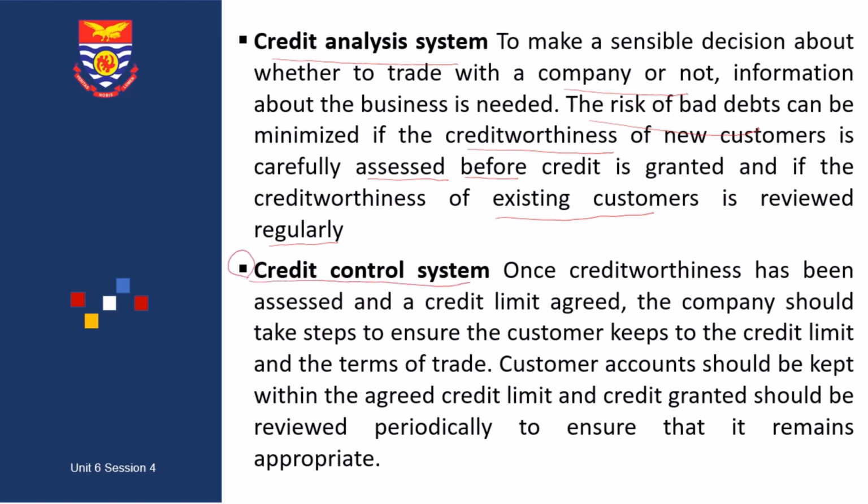Once a business has been able to assess the creditworthiness of the firm, a credit limit must be agreed. The company should take steps to ensure that the customer keeps to the credit limit.